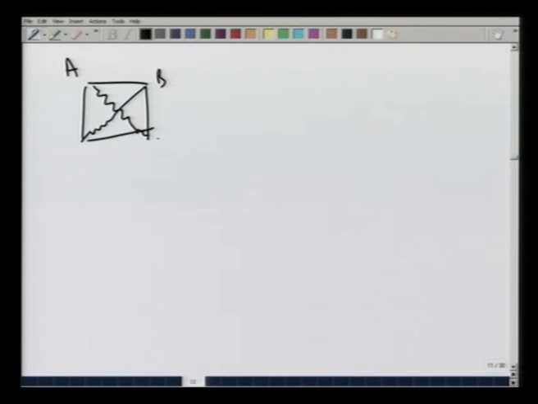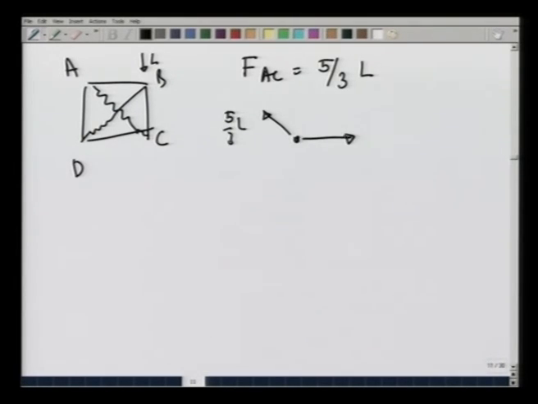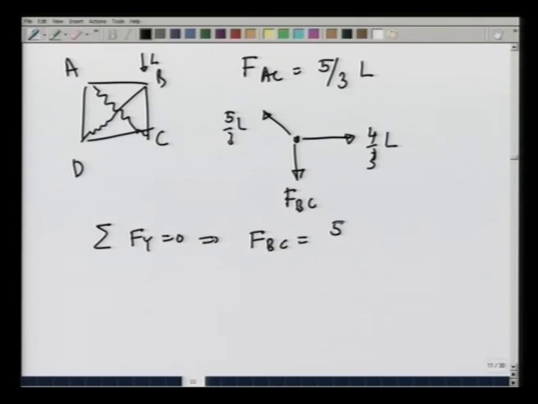A, B, C, D, we have found F_AC to be 5/3 the load. This is the load. At point C, this is 5/3 the load, this is 4/3 the load, and this force is F_BC. Summation F_y equal to 0 gives me F_BC equals 5/3 L times sine of theta.